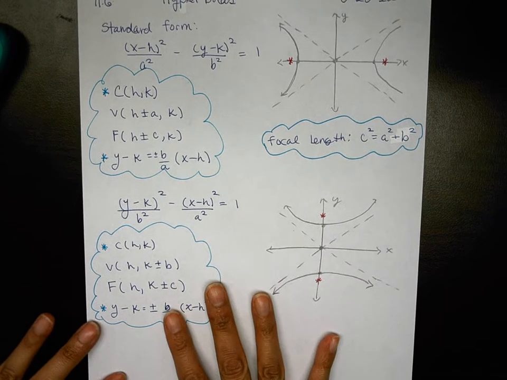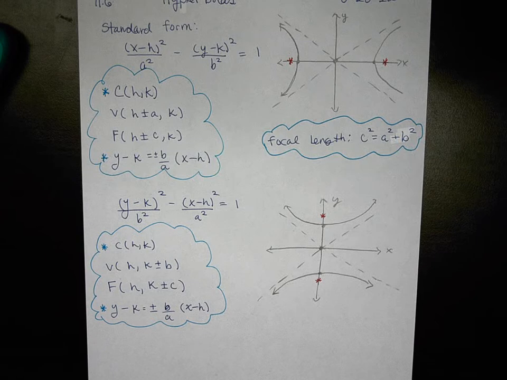Okay, so before we get to the last piece at the bottom, how do you know what goes where? Notice nowhere did I talk about the major axis like we did with the ellipse. The ellipse, we talked about the major axis and everything runs on the major axis. Is that the case with hyperbola?